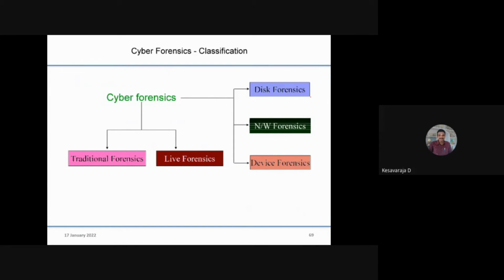Cyber forensics is mainly categorized into two types. One is called traditional forensics, which covers forensic software tools as well as forensic hardware tools. The second one, which is very important, is live forensics. Traditional forensics involves normal forensic tool validation and verification as well as hardware tools.